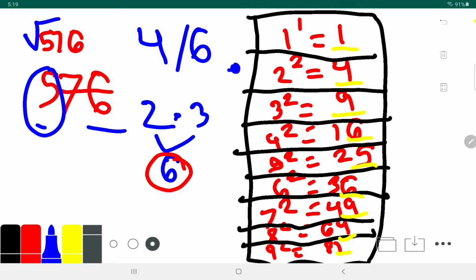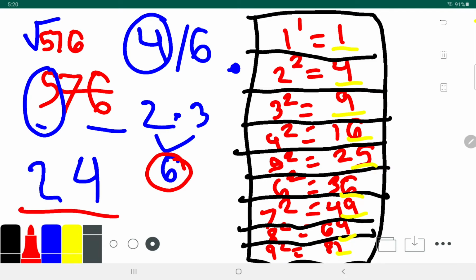So that means 4. I also forgot the number that was less than 5 but closest to it, that's the first digit. So our square root is 24.